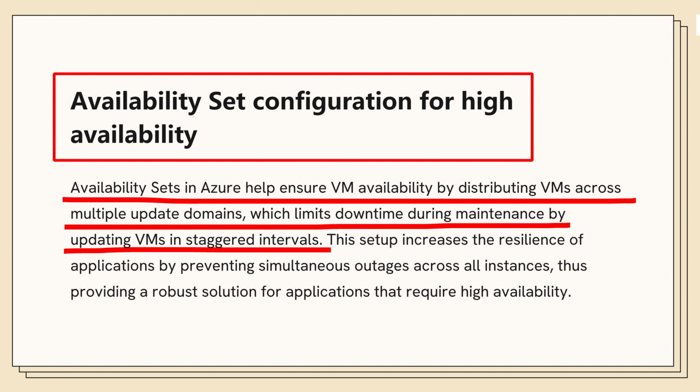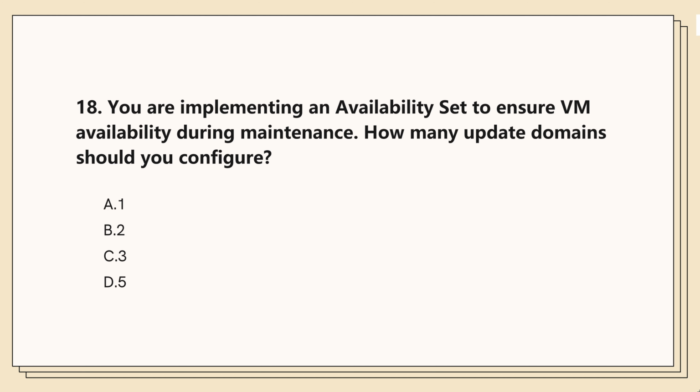This way, updates are staggered, so only part of the VMs are updated at once, keeping the app online. Using only one update domain means all VMs would be updated simultaneously, causing downtime during maintenance.